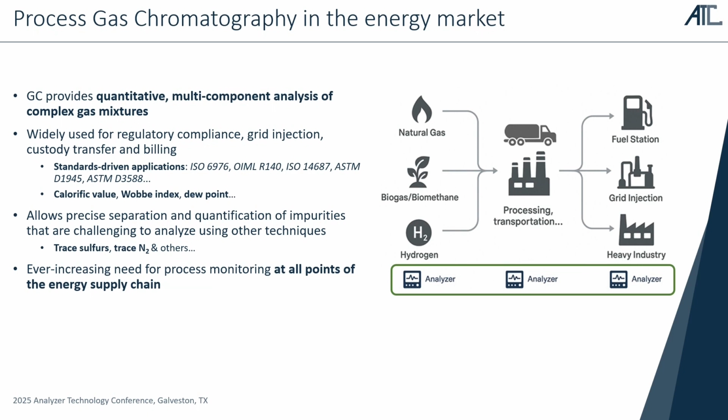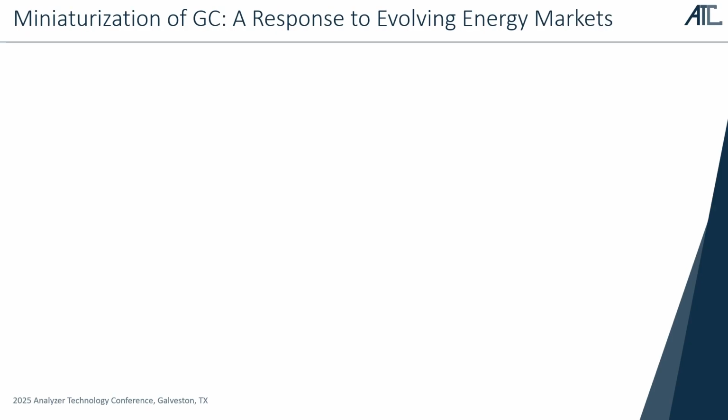So GC is a well-established technology, and yet it still needs some level of innovation in order to answer the newer market needs today. And I'm going to talk to you about how miniaturization is a way to answer those needs. In other words, why do we need to use micro GC?